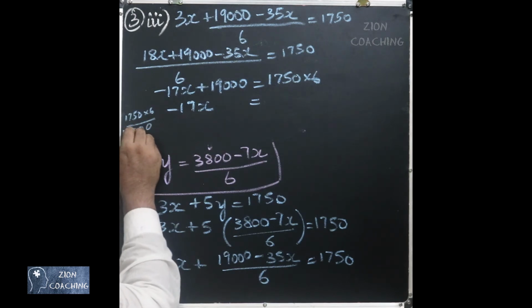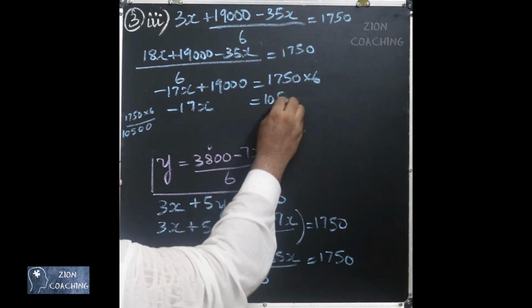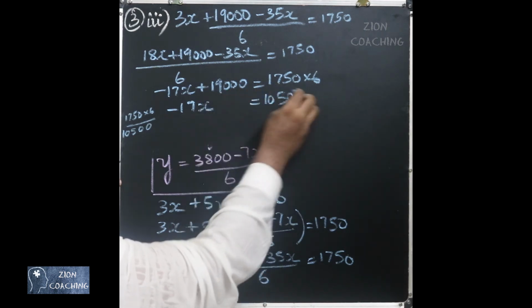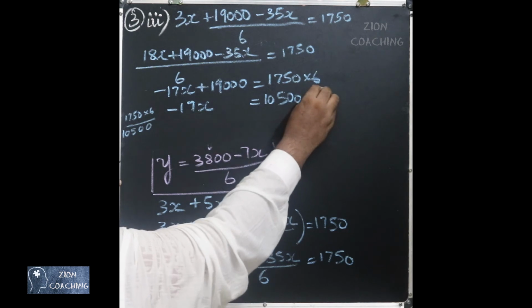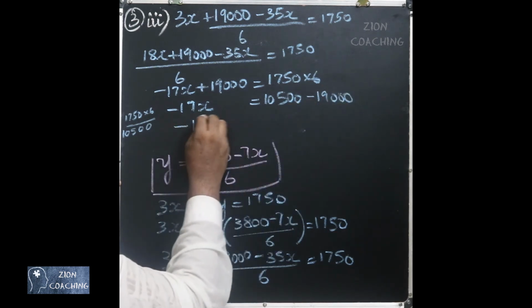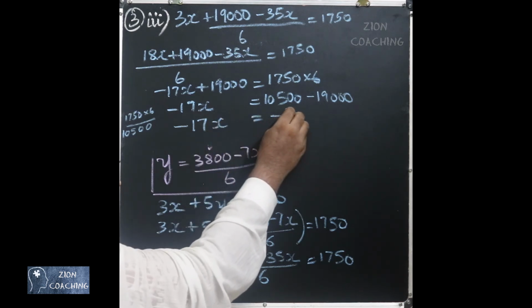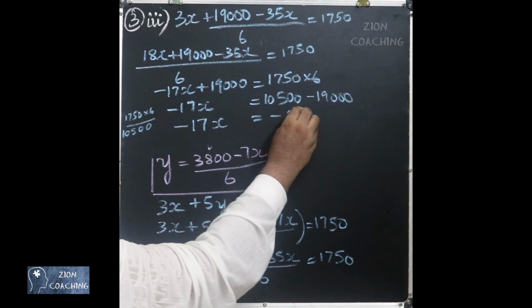So we will have 10,500. Taking this 19,000 to the other side, we will have minus 19,000. So minus 17x equal to, when you subtract, you will get minus 8,500.